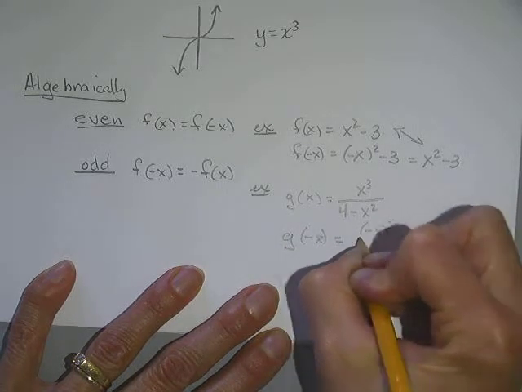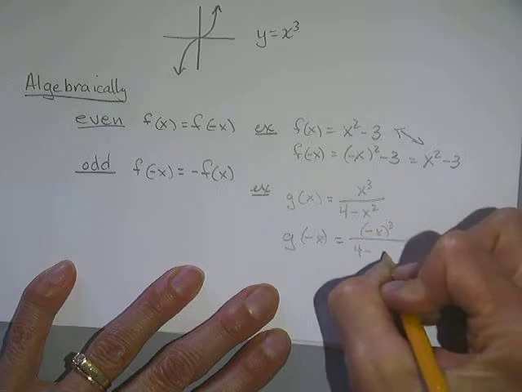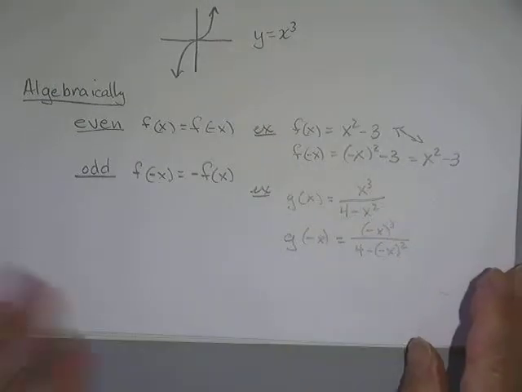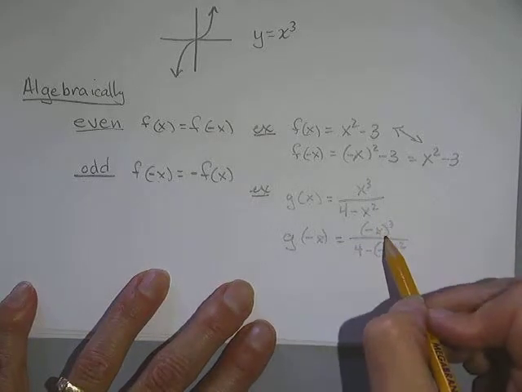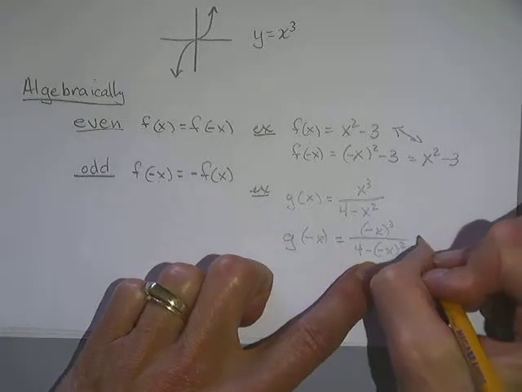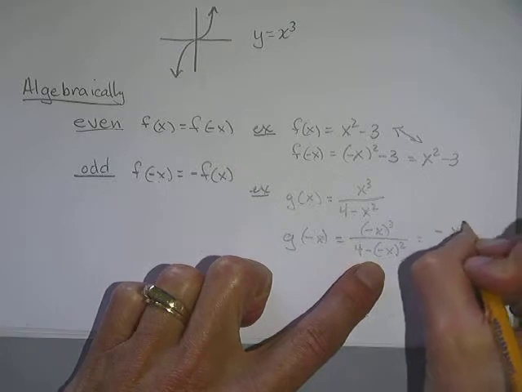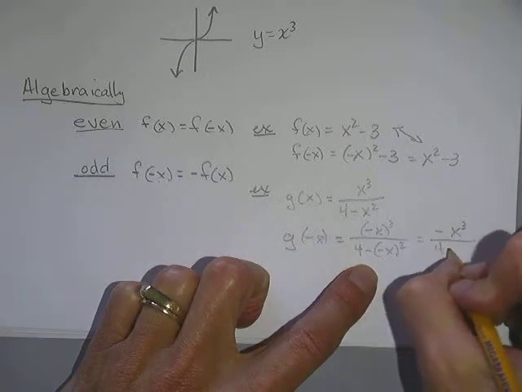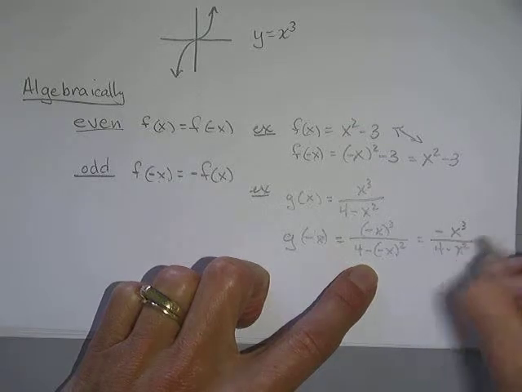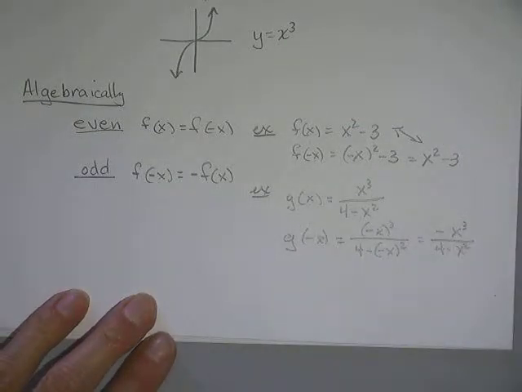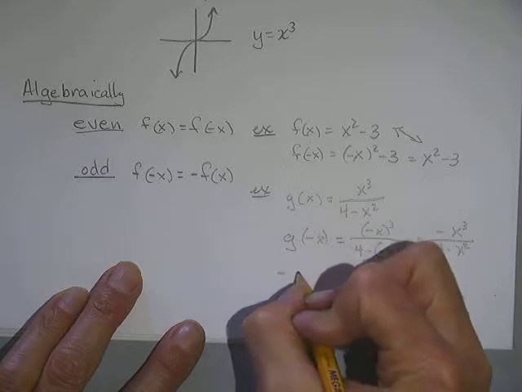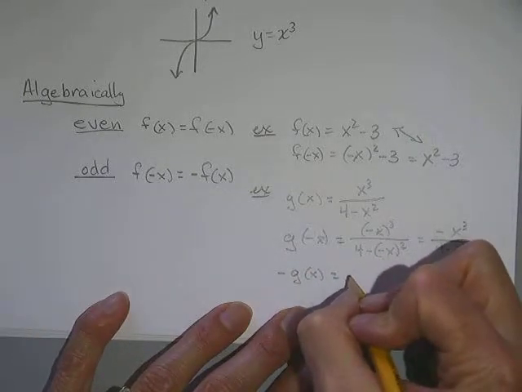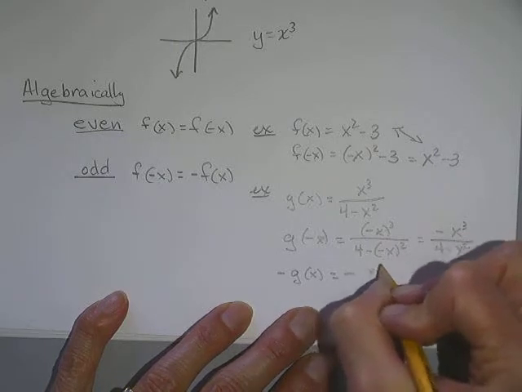Well, first, let's put negative x in this function right here. So, g of negative x. Let's put that in there. That equals negative x cubed over 4 minus negative x squared, remembering always to put it in parentheses. Well, negative x times negative x times negative x gives me a negative x cubed.